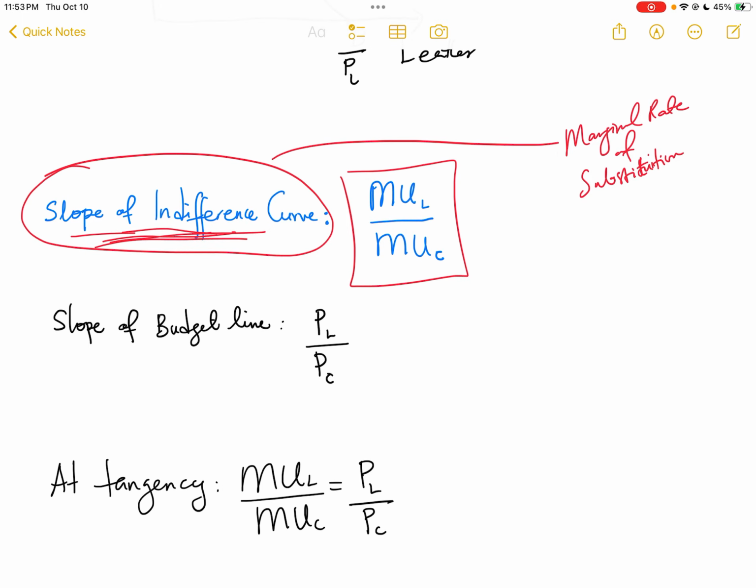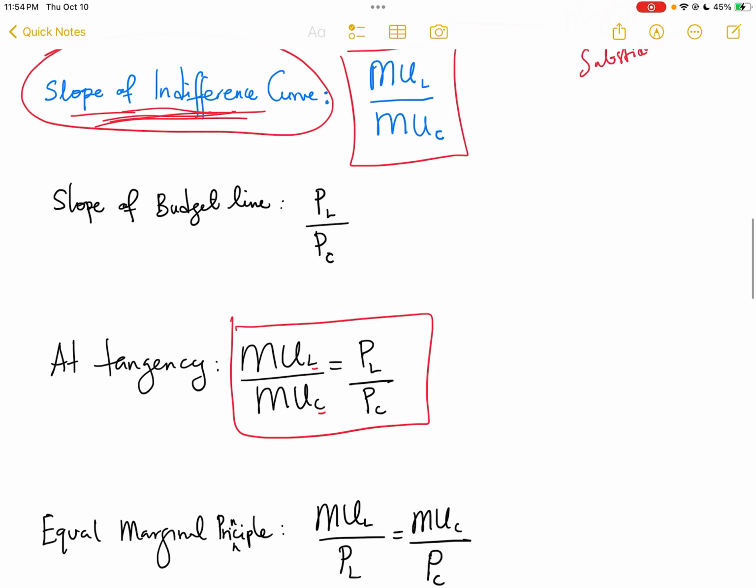At tangency, we set these two equal to each other. Marginal utility of the good on the x-axis divided by marginal utility of the good on the y-axis is equal to price of the good on the x-axis divided by price of the good on the y-axis.